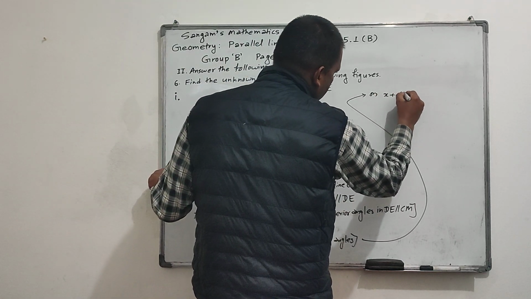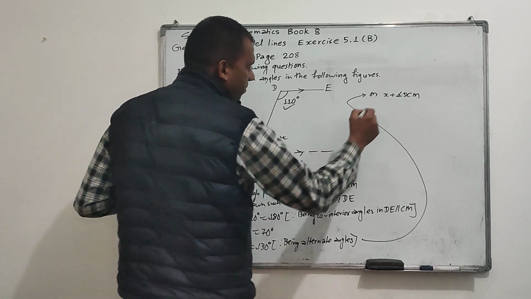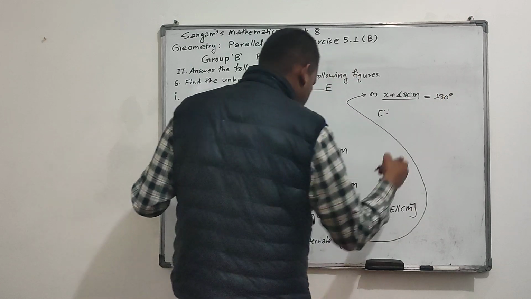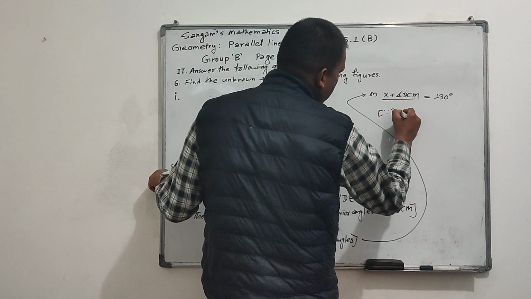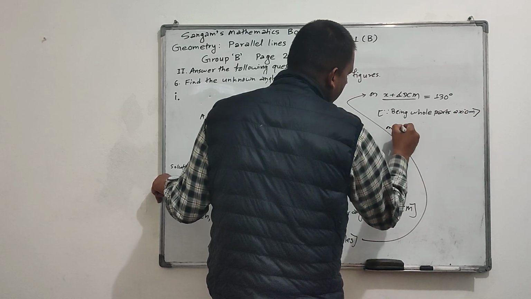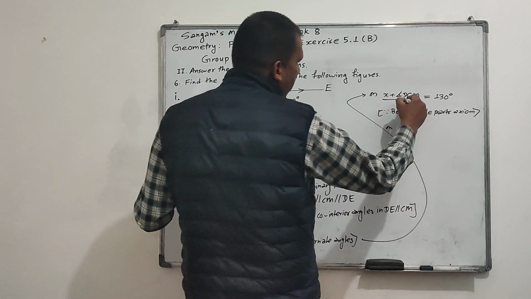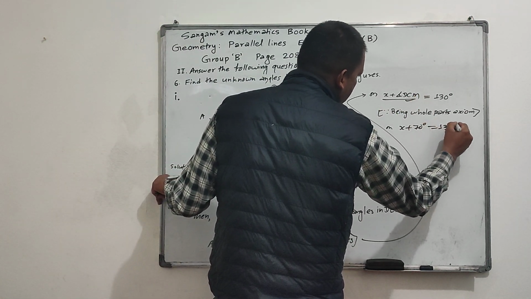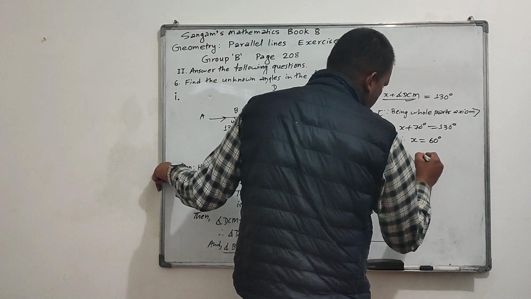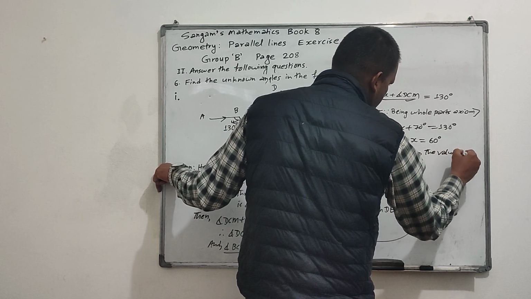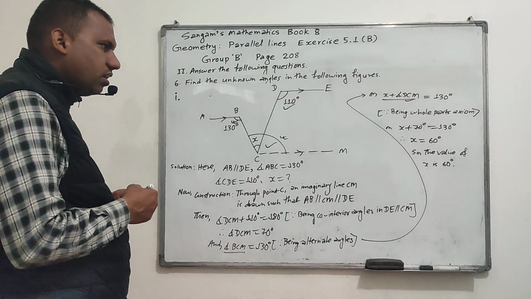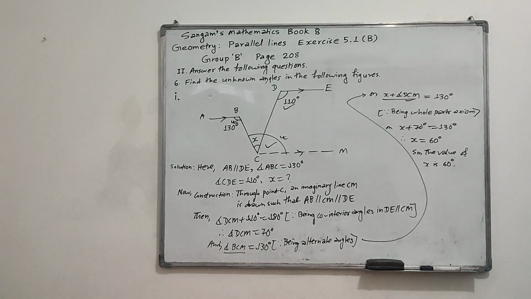So x plus DCM, being the whole parts axiom, or x plus 70 is equal to 130 degrees. Therefore, x is equal to 130 minus 70, that is 60 degrees. So the value of x is 60 degrees, which is the answer.